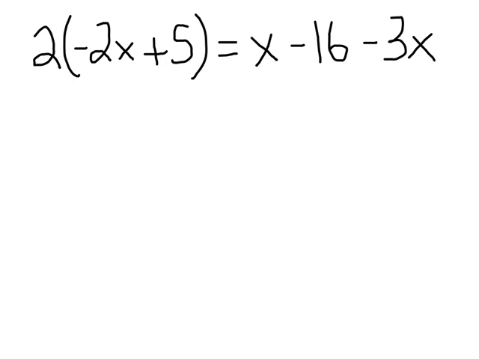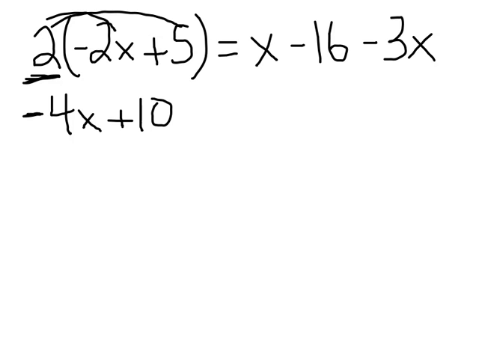All right, guys, there's a lot going on here. But I see immediately that I'm going to have to distribute because of my parentheses, meaning I'm going to multiply 2 by negative 2x and by 5. When I distribute, I'm going to get negative 4x plus 10. And I'm going to bring down the rest of my problem because I haven't used it yet. Now I'm going to look and see, are there any like terms that I can combine on the same side of my equal sign?